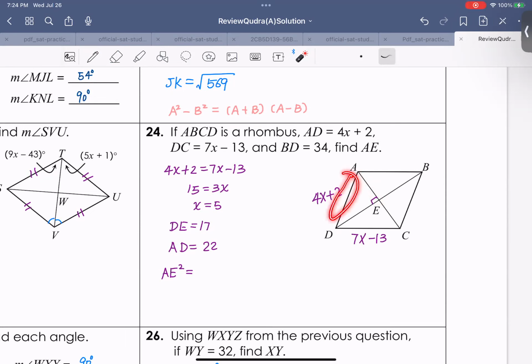So AE squared equals 22 squared minus 17 squared. First, 22 squared equals 484. 17 squared is 289.